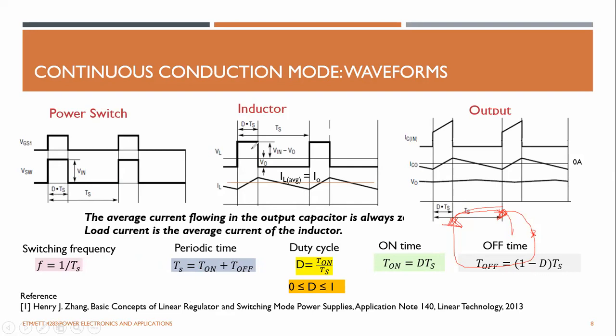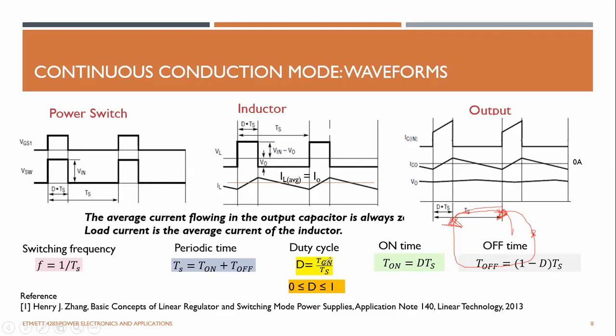When we come back to the inductor, when the inductor is turned on for the charging phase, right, before that, I will show you the duty cycle. What is meant by duty cycle? Duty cycle is the ratio between the turn on time to the periodic time, right?